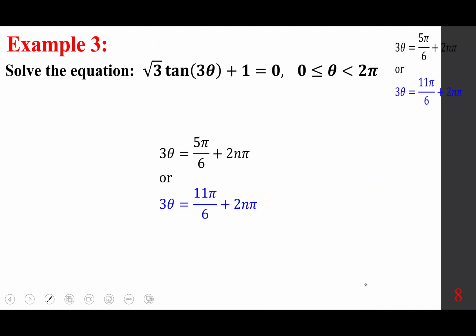Square root of 3 tan 3 theta plus 1 equal to 0. Okay, let's see how we tackle this. First, we are moving the 1.